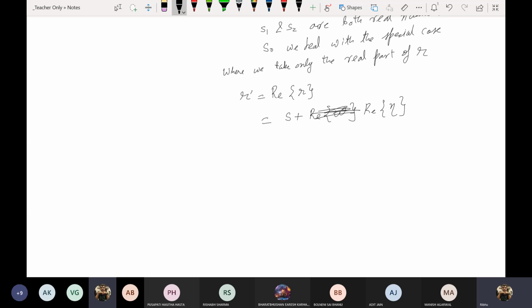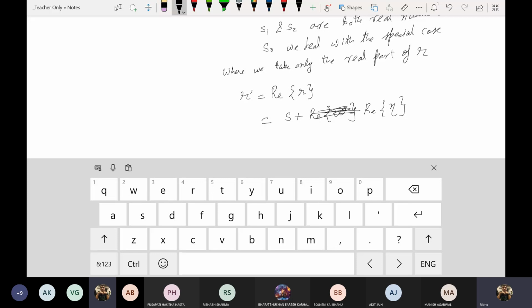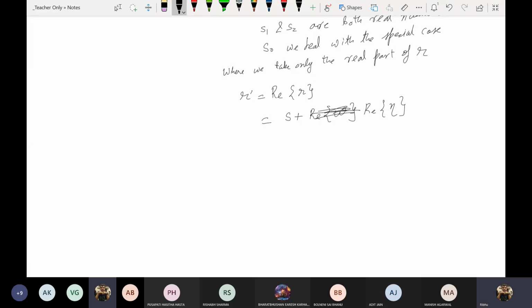You remember that we received a time signal s(t) and we converted everything to a complex vector. We started off with a waveform and then we said that we want to convert everything to a complex vector.